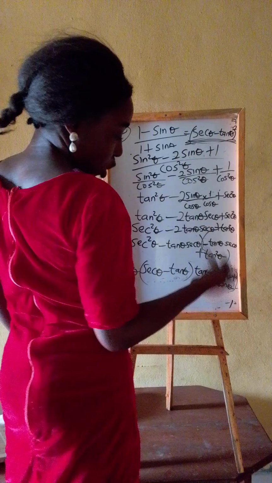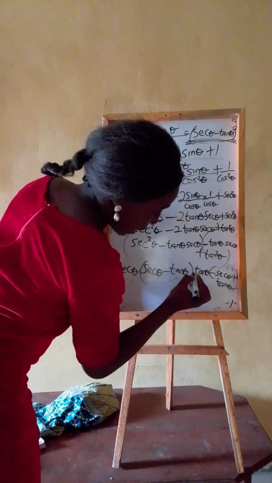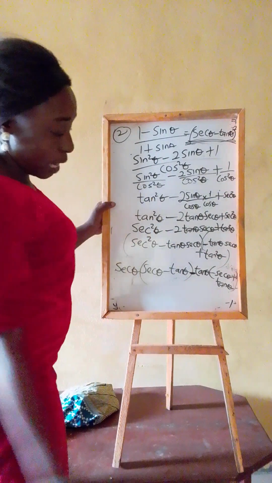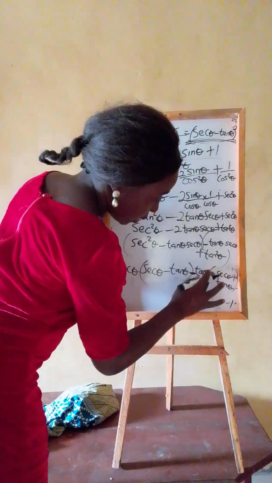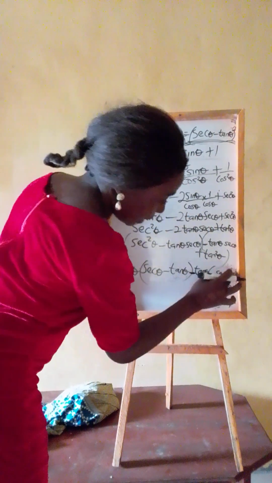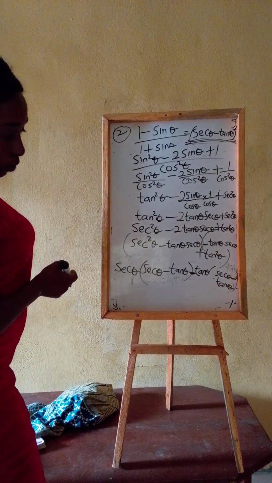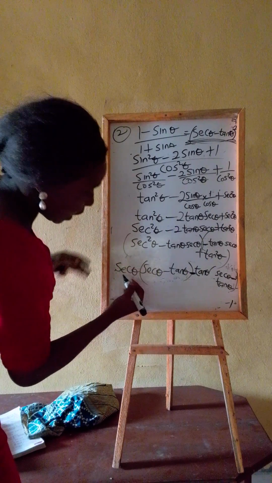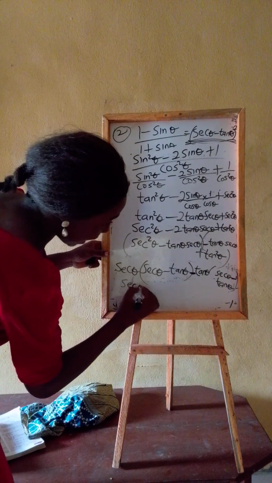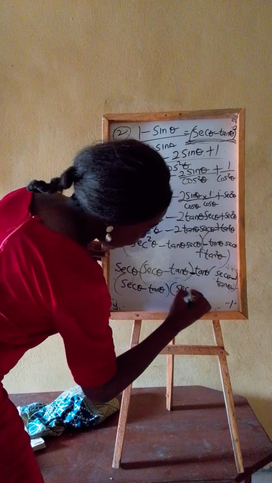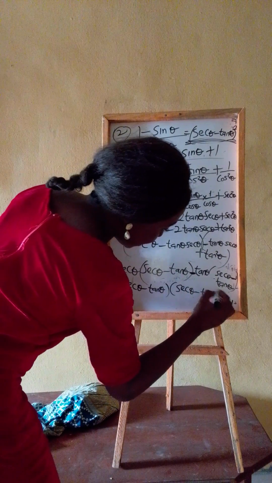Or I can bring the minus out; then this becomes positive and this changes to negative. So from here we have sec theta minus tan theta, sec theta minus tan theta.